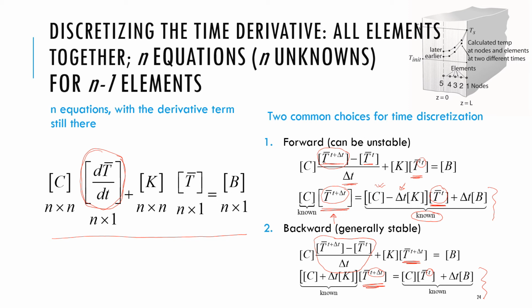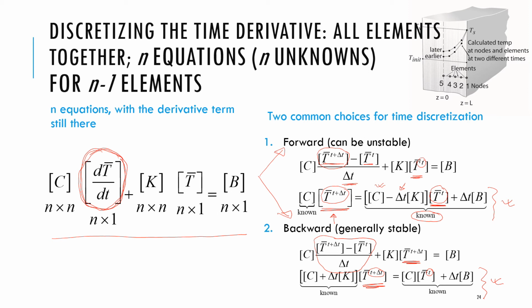Whereas this one can often become unstable, this one is typically quite stable in calculations, meaning it will not give garbage that easily. We can take a larger time step. These details we're not getting into. I would like you to see that the time derivative can be transformed in one of two ways.